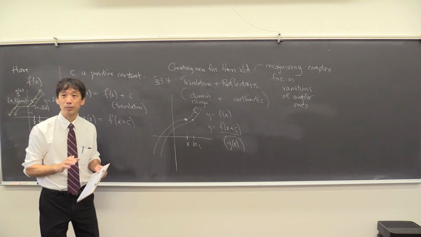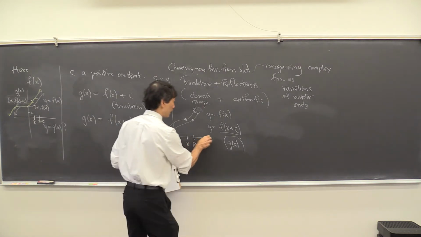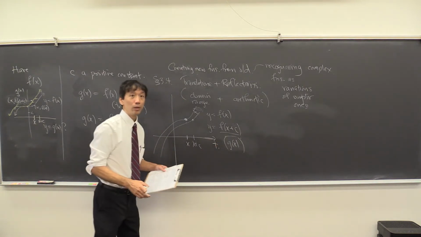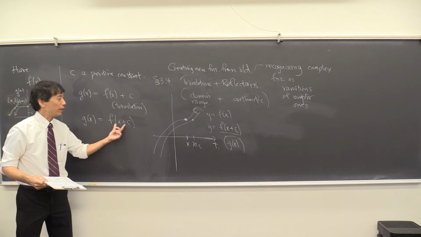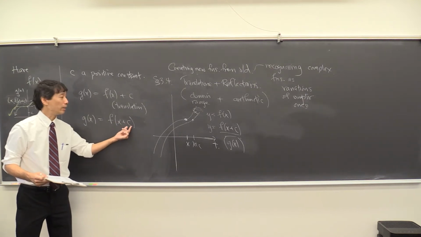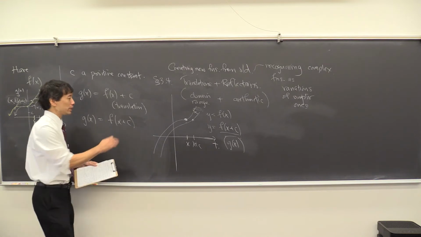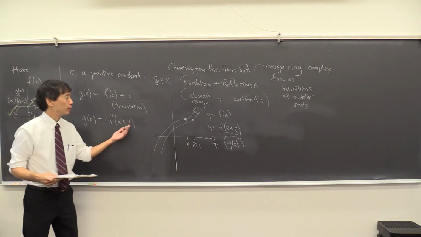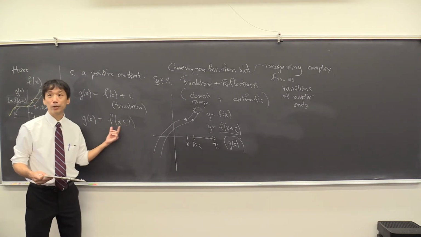Okay, right, makes sense? Another way I like to think about it is in terms of time. So this g function is basically doing everything that the f function does, but a little bit ahead in time. So if this c were 1 and t were in seconds, then whatever f does, g is going to do it 1 second earlier, right?